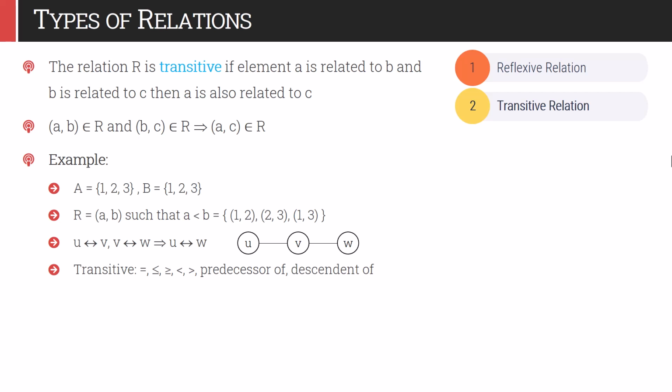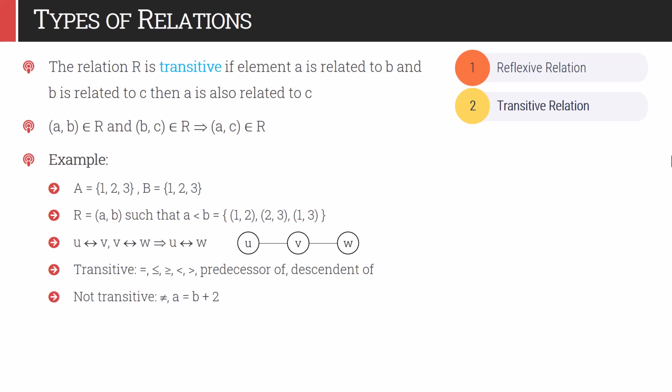Is equal to, less than or equal to, greater than or equal to, less than, greater than, predecessor of, descendant of, these are all transitive relations. We can say that if 1 is less than 2 and 2 is less than 5, then definitely 1 is less than 5. And we can prove the transitivity for all these relations.